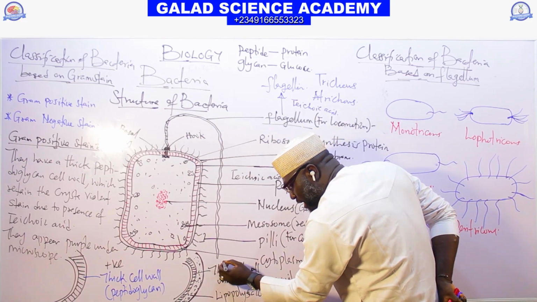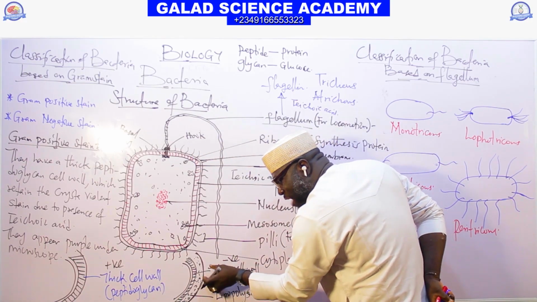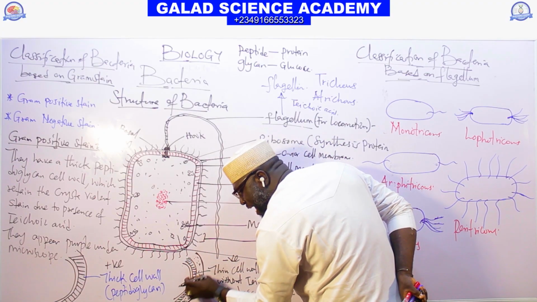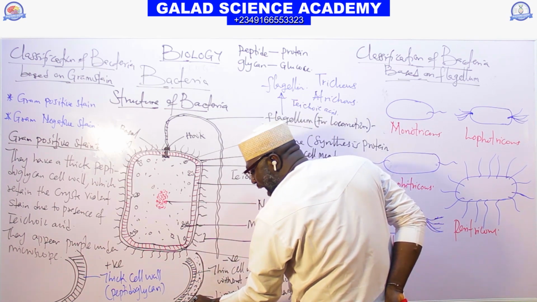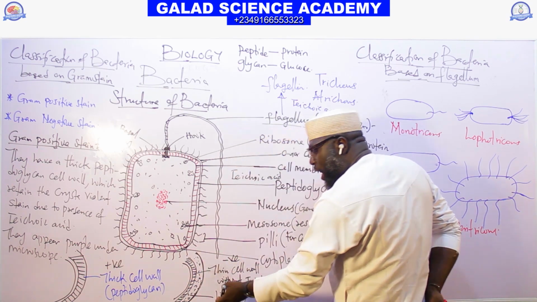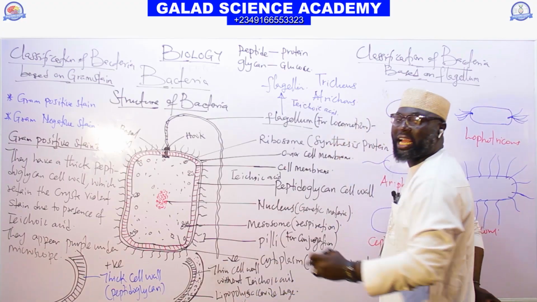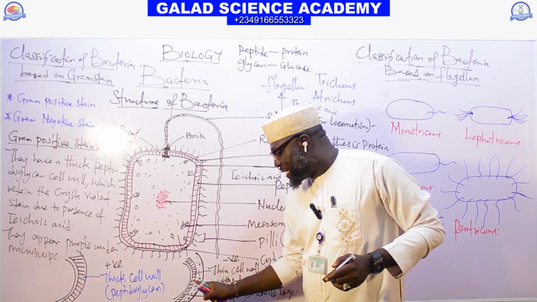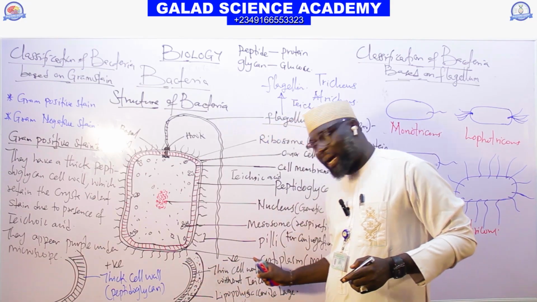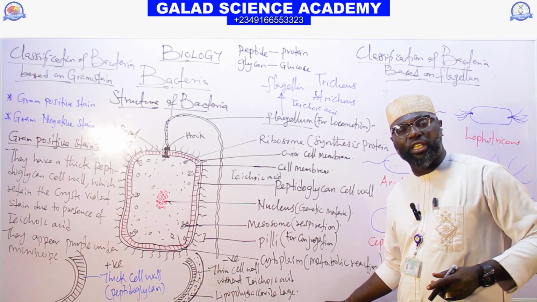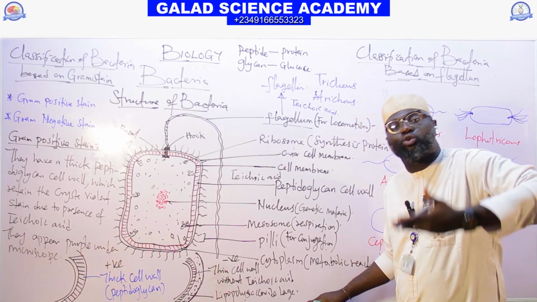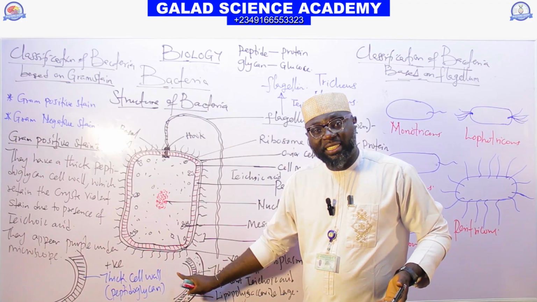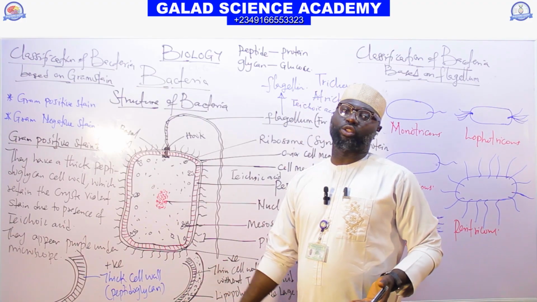But in negative stain bacteria, they have a thin cell wall, this is the thin cell wall in the middle here. They now have an extra layer which comprises lipid and polysaccharide components. So the presence of this lipid layer in the negative stain bacteria gives them high resistance to antibiotics, and a lot of them cause dangerous or deadly diseases to humans.